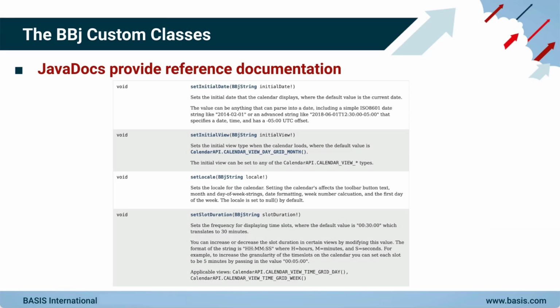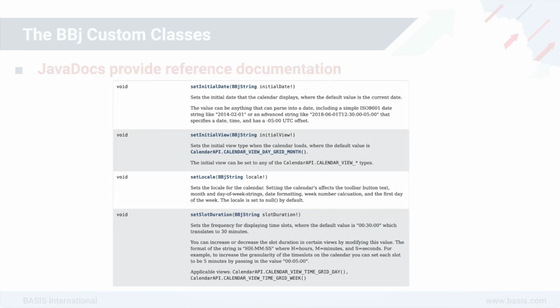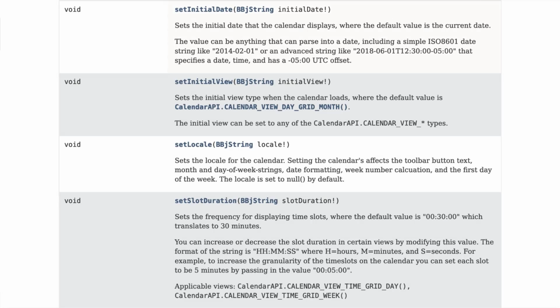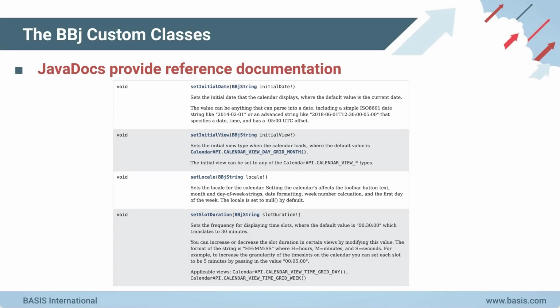For example, viewing the Javadocs for the Calendar Options class tells us how we can customize the calendar's display through methods like setInitialDate, which you can use to force the calendar to display the desired date instead of defaulting to the current date. There are several other classes that define specific aspects or capabilities of the calendar object, and we'll briefly touch upon them when looking at some of the other demo programs.